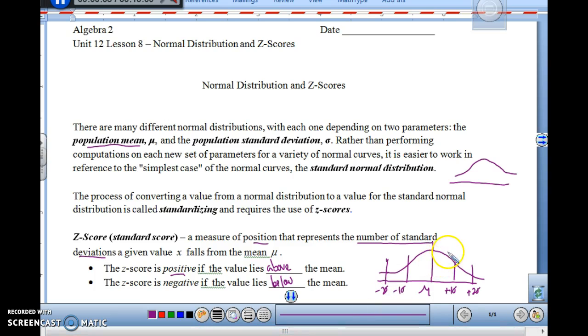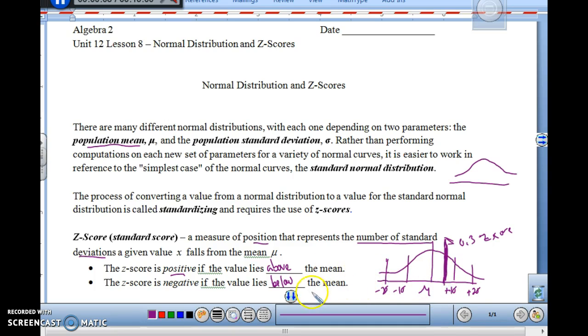Well, what if we had a value that fell right here? That would be somewhere between 0 and 1 standard deviations, not necessarily a half, so this could be the z-score. The z-score here, for example, could be 0.3. That would be a z-score right there. So it is 0.3 standard deviations away from the mean because it's positive.